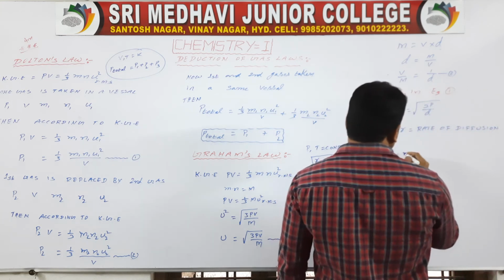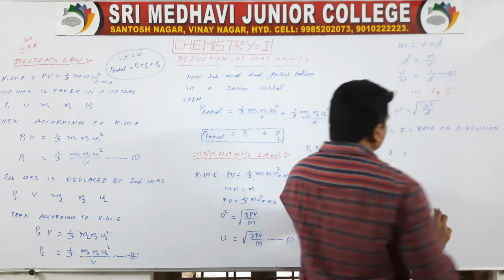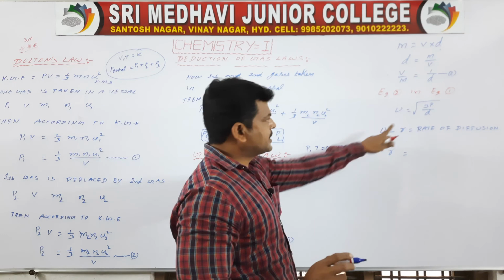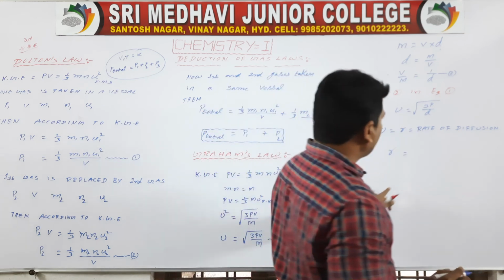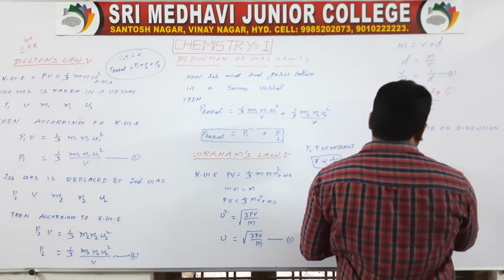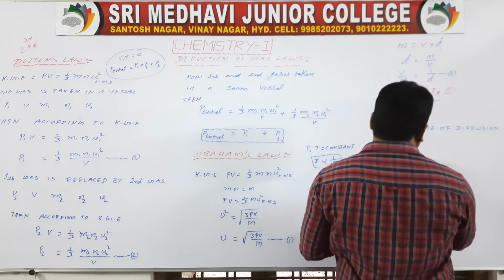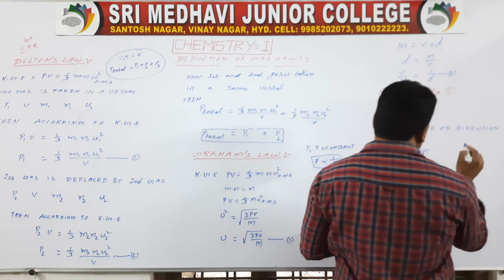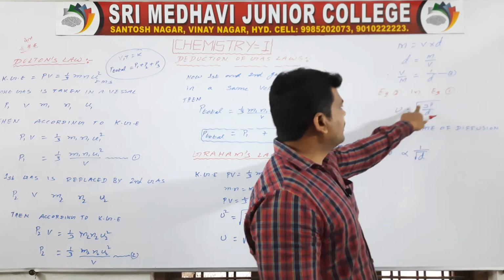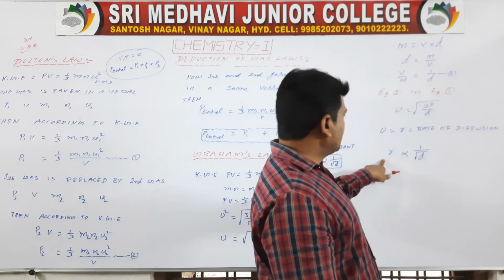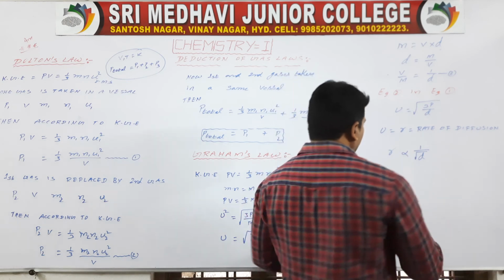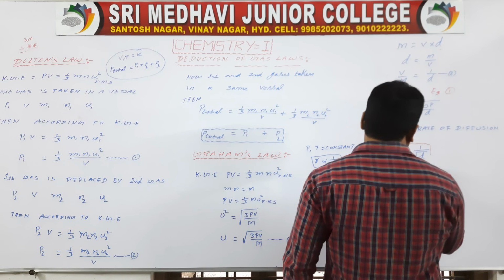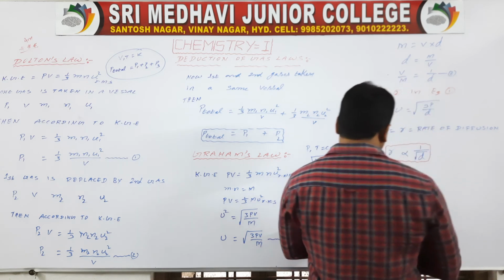Then R equal to, here 3 is constant, P is constant. P is constant in Graham's law. Then R is inversely proportional to 1 by root D, and these two constants I am removing. Then R is inversely proportional to 1 by root D. So Graham's law is deduced.